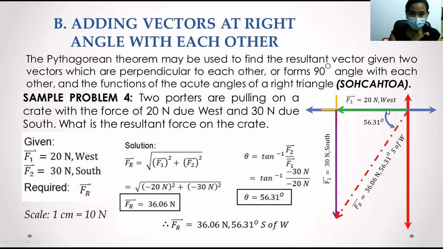Therefore, starting from the negative x-axis, we go southwards. Therefore, this direction is pointed 56.31 degrees south of west.